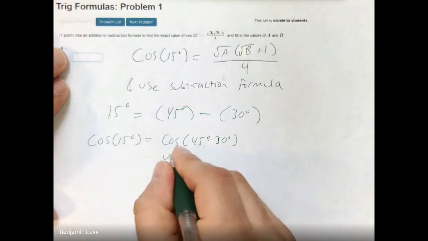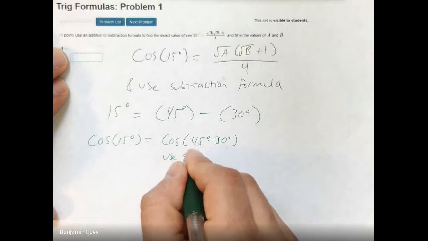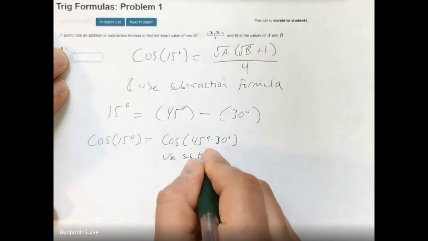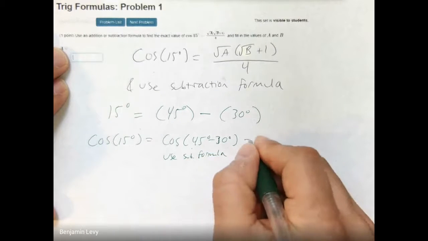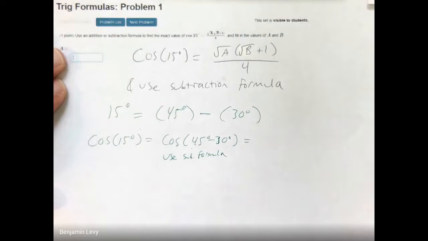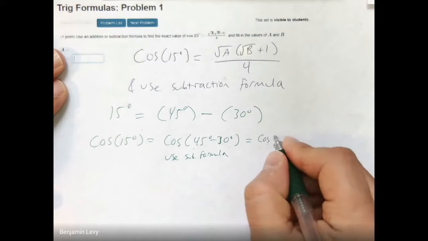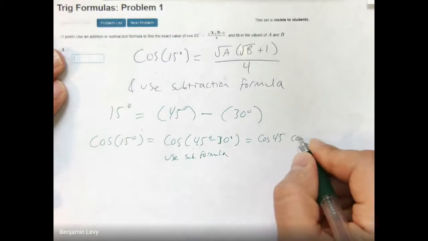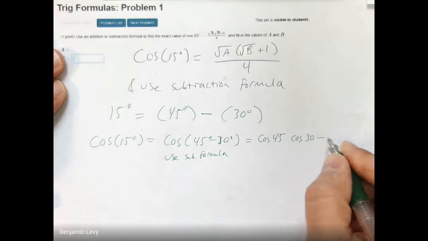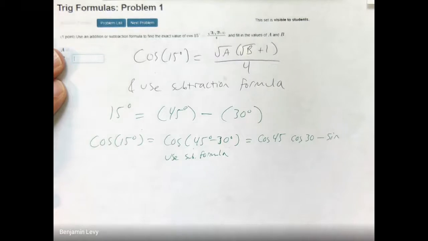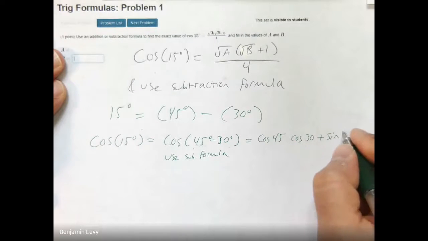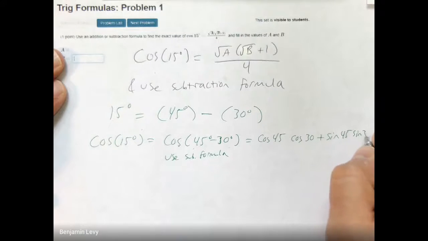And this becomes cosine of 45 cosine of 30, plus sine of 45 sine of 30.